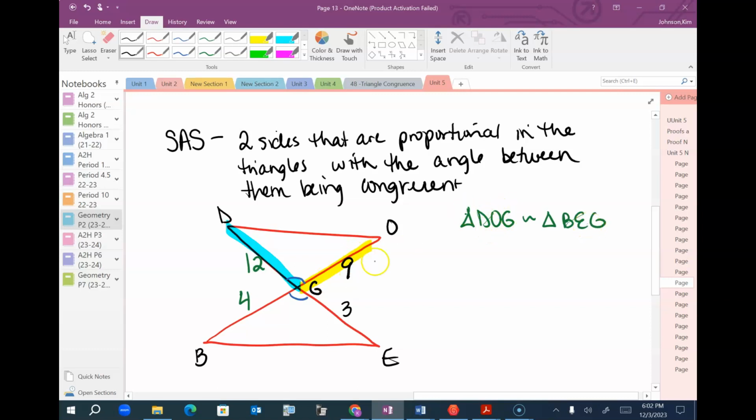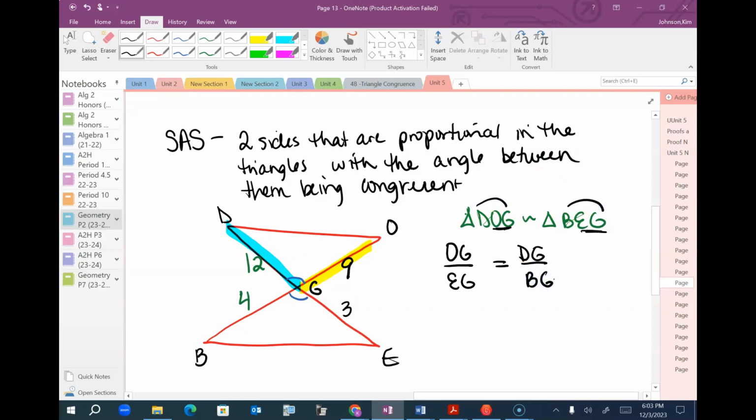So OG, that's in triangle DOG, and then I'm going to match that up with the side in triangle BAG. So side OG has to be corresponding to side EG, as side DG has to be proportional to side BG.